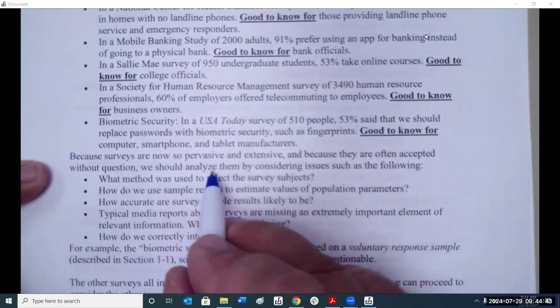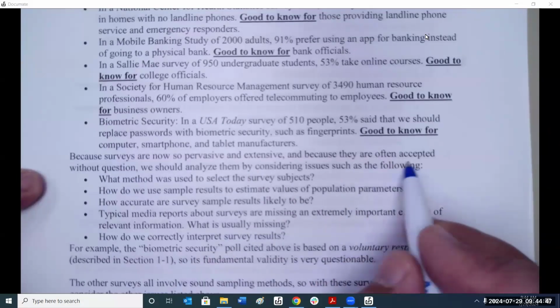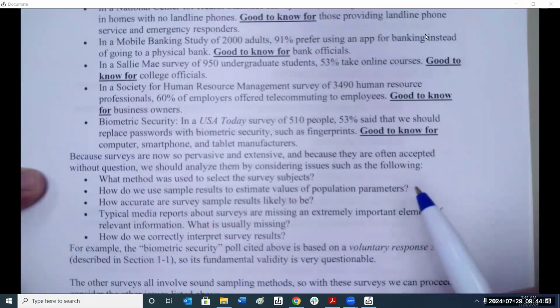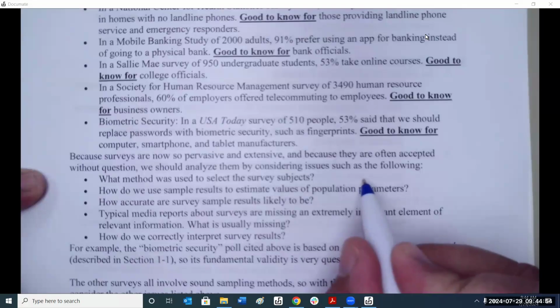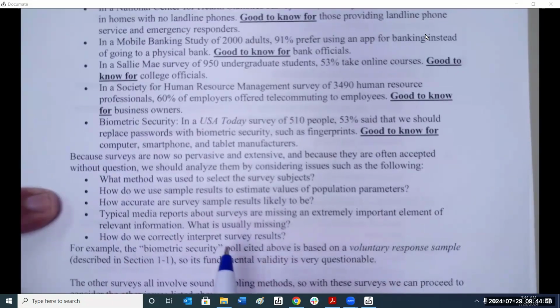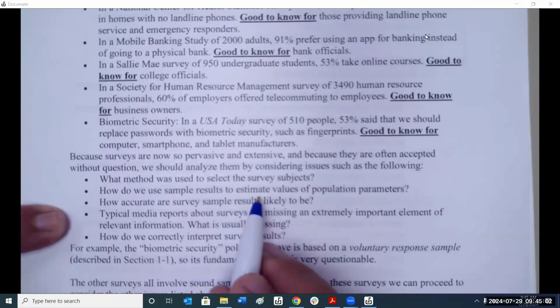Because surveys are now so pervasive and extensive, and because they're often accepted without question, that's what I have questions about. All of those, we should analyze by considering issues such as the following. What method was used for the survey subjects? How do we use the sample results to estimate the values of the population parameters?